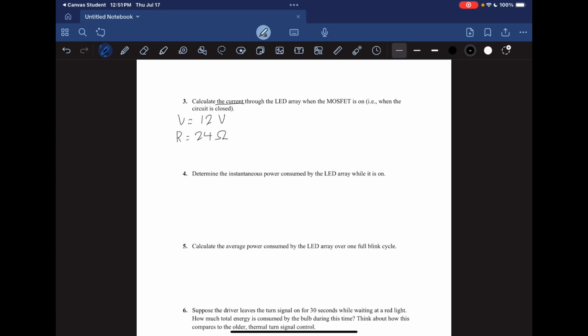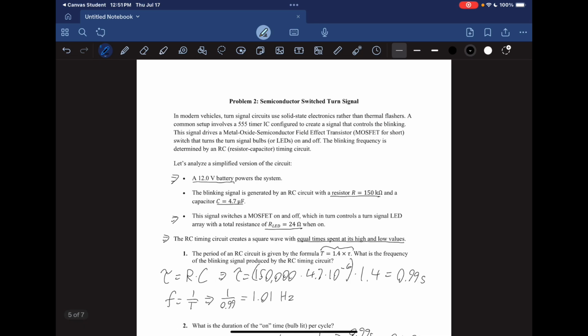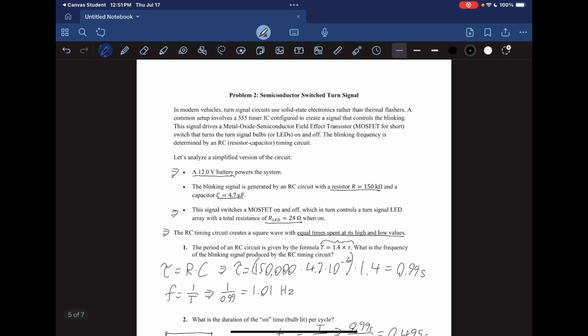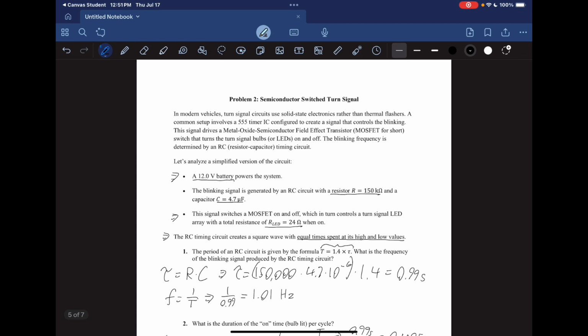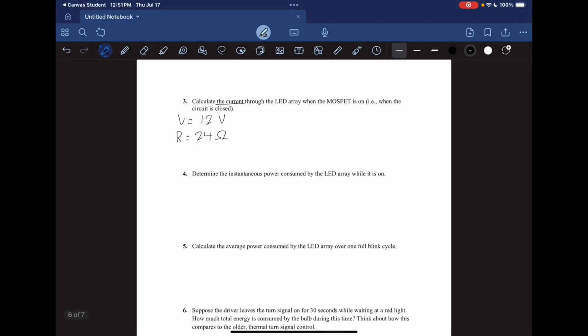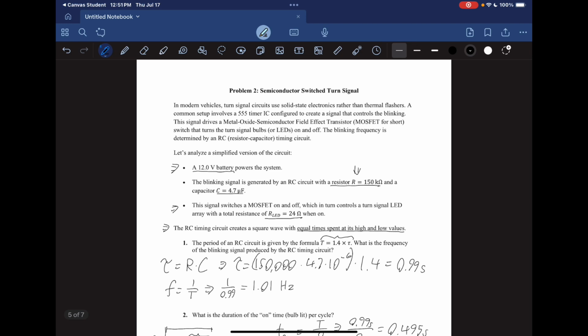Yep. And then the reason that I'm using 24 ohms instead of 150 kiloohms here is because it's interested in the LED array. And the 24 ohms for bullet point 3 is what happens when the LED array is turned on.